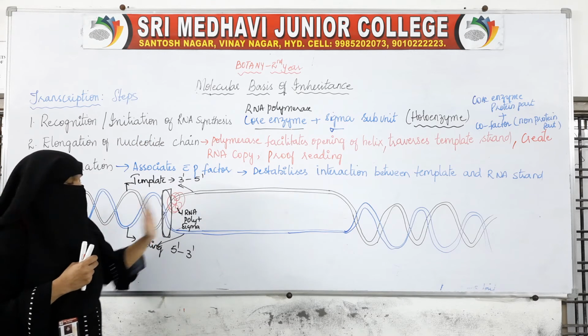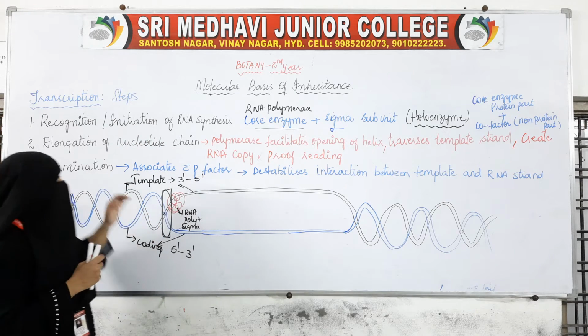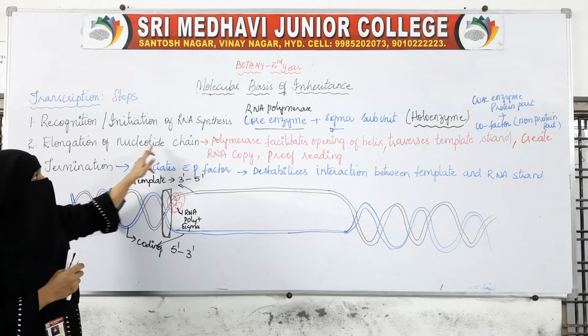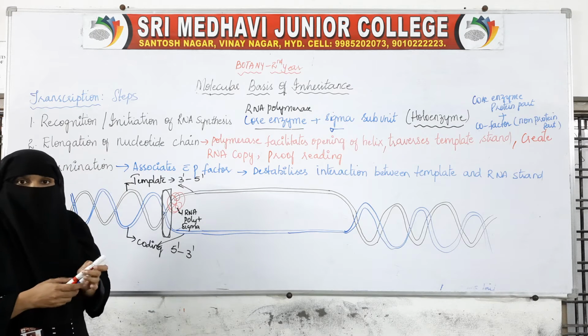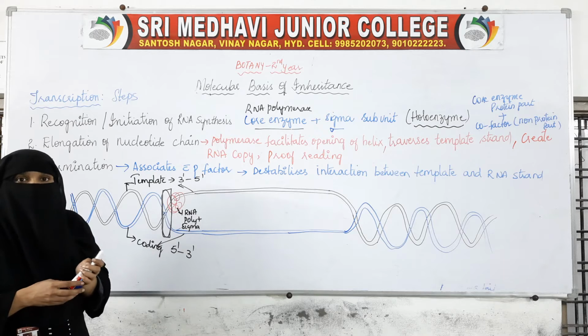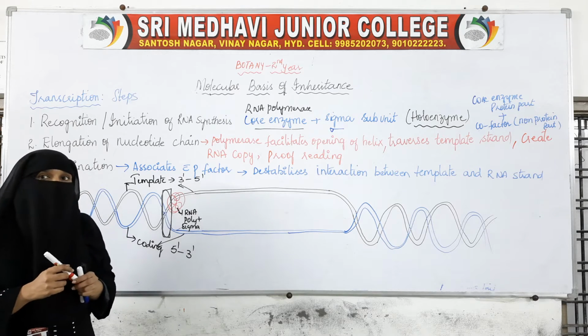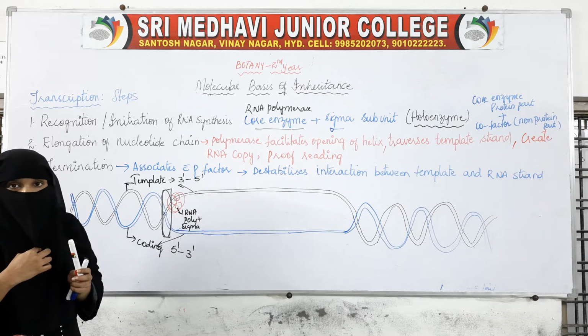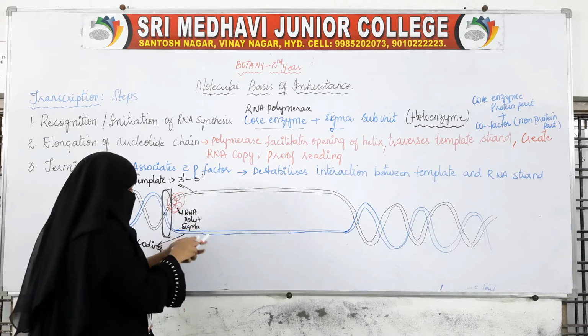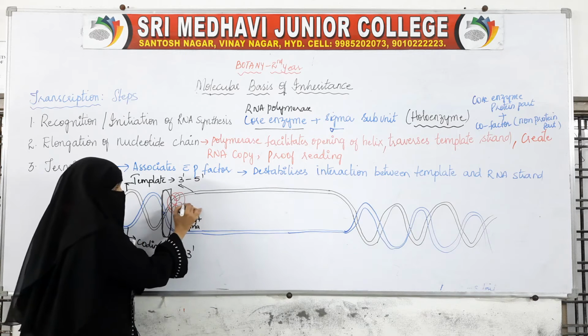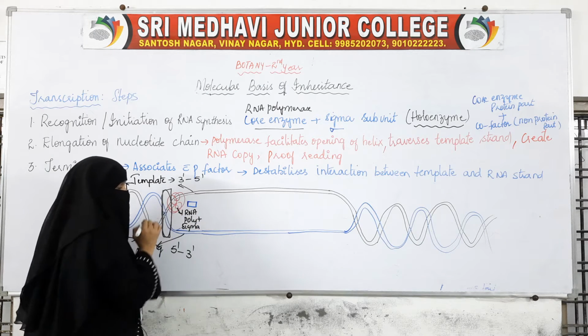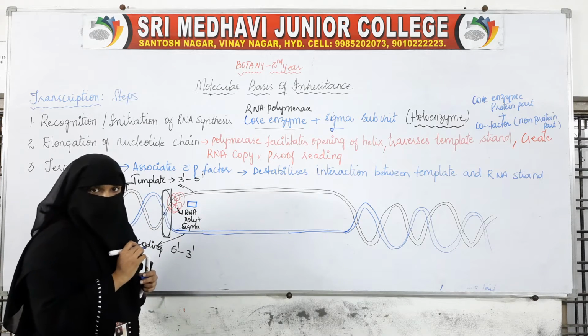Now, after it is added, comes the second step, which is nothing but elongation of the nucleotide chain. In the previous class, I have explained how the nucleotide chain will be elongated. So, the RNA polymerase enzyme is there, and to this polymerase enzyme, RNA nucleotides will be added.